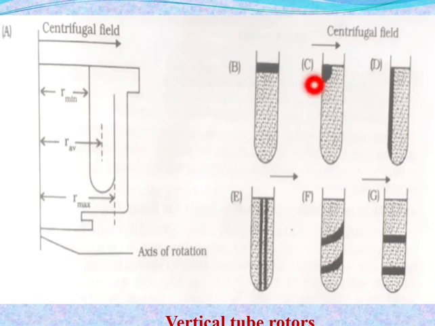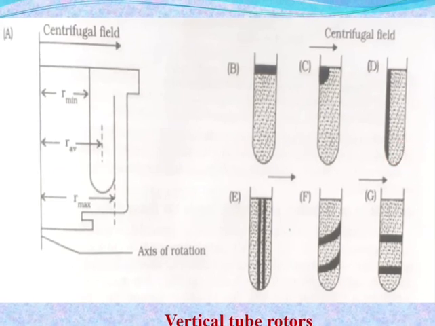In figure C, we can see there is an application of centrifugal field which leads to the reorientation of the gradient and the sample. Figure D here shows the final orientation that the gradient and the sample assume under the centrifugal force. We can see the deposition here.